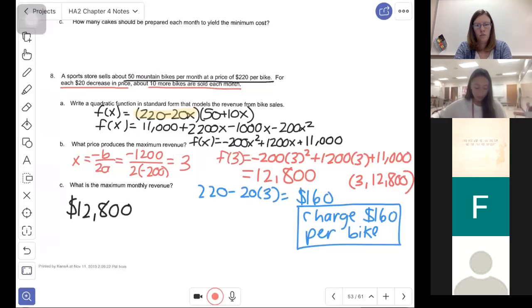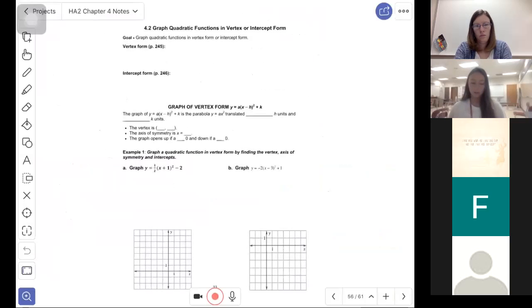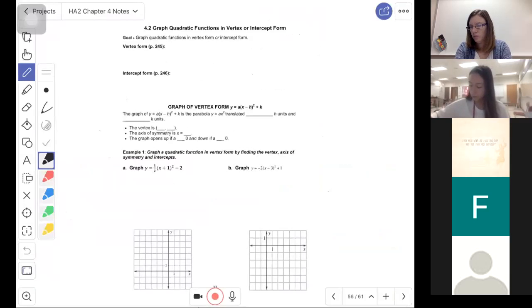All right, so go ahead and get your notes out. We are going to look on page 33, section 4.2. So we're still graphing here, but we're going to talk about two different forms and how they can benefit us from having it in different form. So vertex form we've talked about before.